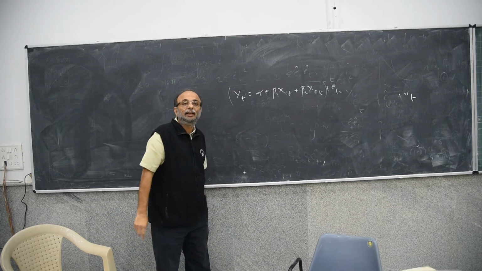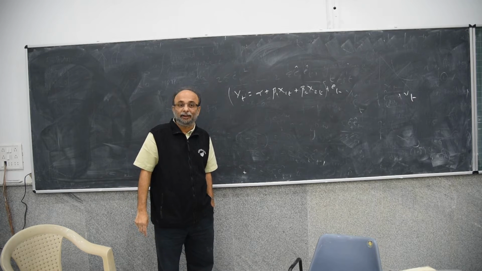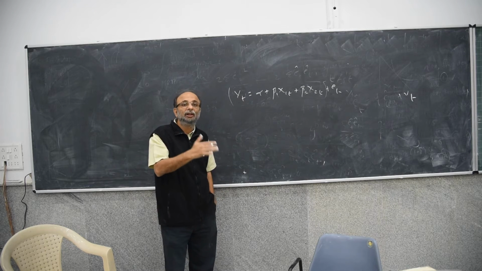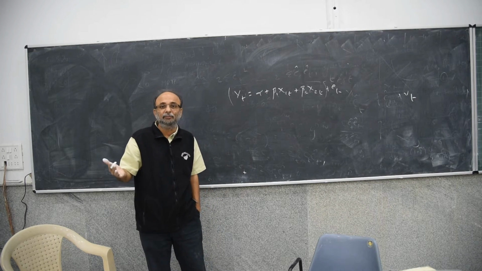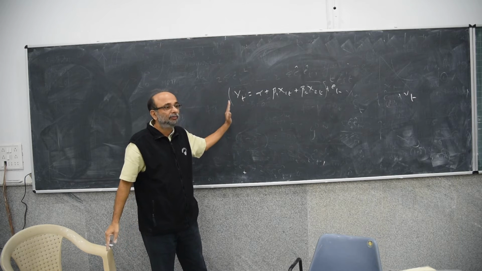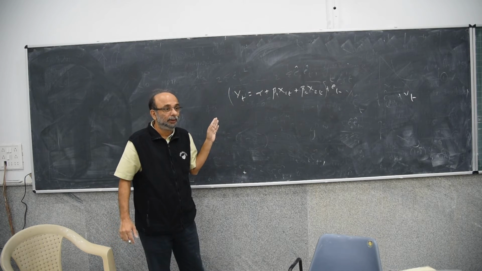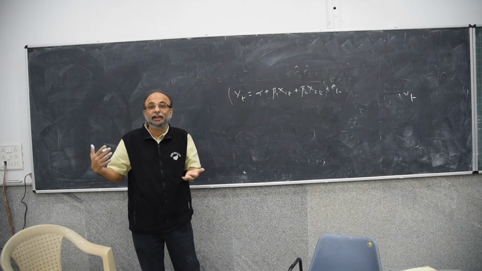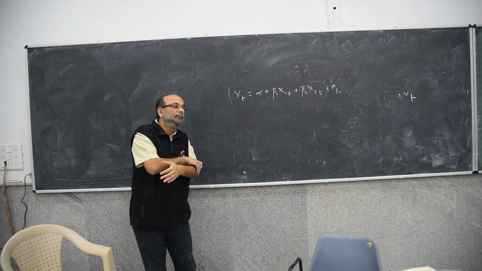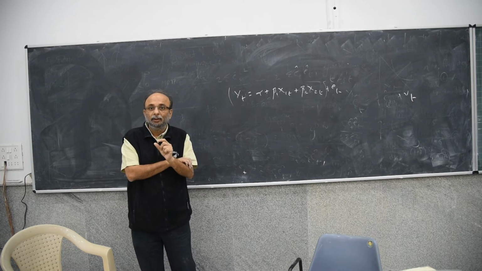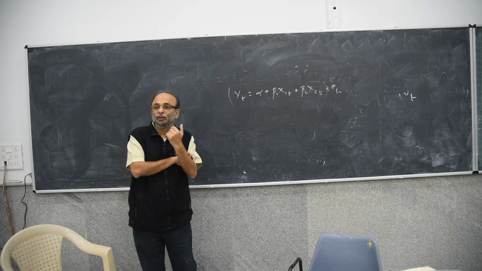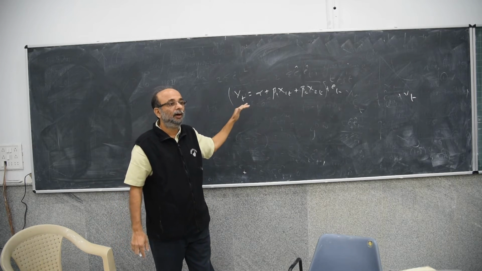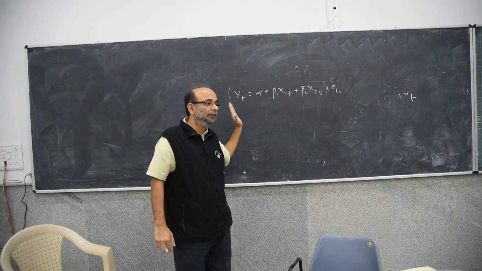If that assumption is not true, if you do not know what is the correct model for the conditional mean of yt, you are assuming that the conditional mean of yt would depend upon x1t and x2t, but suppose for some reason you don't know and you are really discovering that from the data, then the power of the Durbin-Watson test is low. Right? Then there is a problem with the Durbin-Watson test.